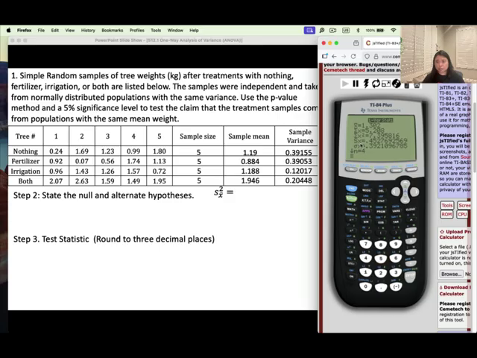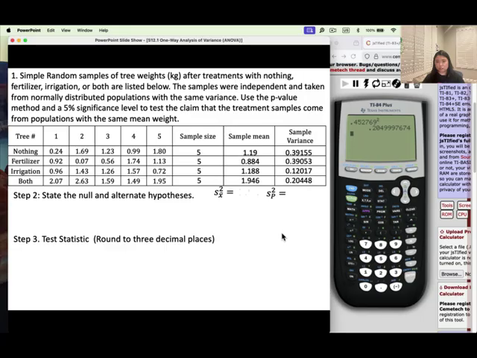Okay, write down the sample standard deviation. Take the square of the sample standard deviation, that will be the variance. So that will be 0.205.